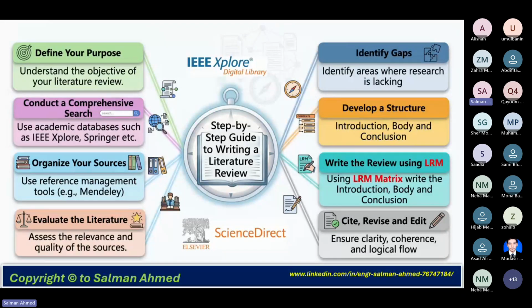Then after that is cite, revise, and edit. As I already told you, whenever we are citing any paper, when our literature is done, we will check for coherency. Coherency in terms of the years, first. Then coherency in terms of alignment with your targeted area and alignment with the proposed methodologies.